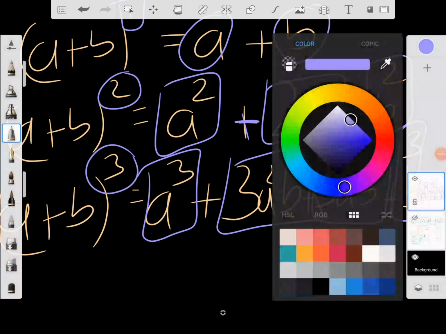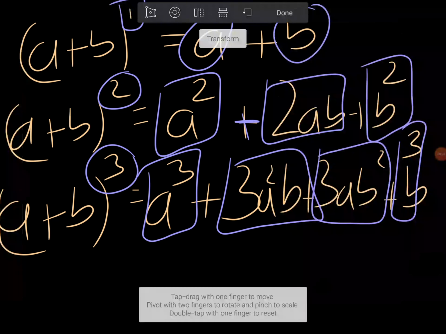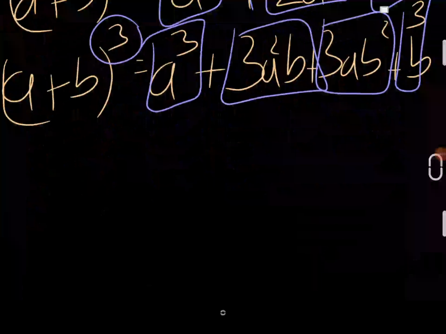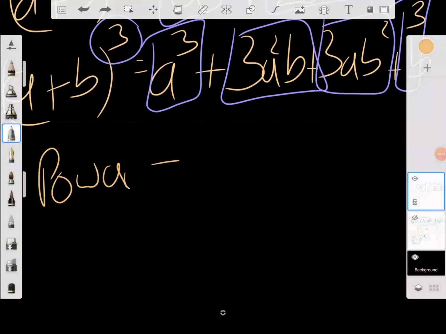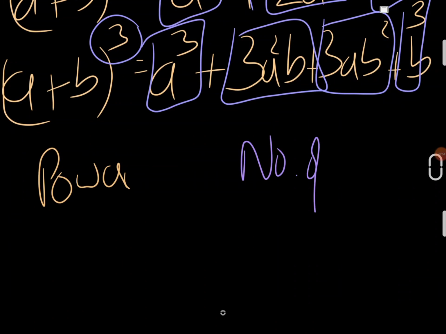If you understood what I showed you now, you'd be able to understand that between the power and the number of terms there is a relation, that is, number of terms is equal to the power plus 1.